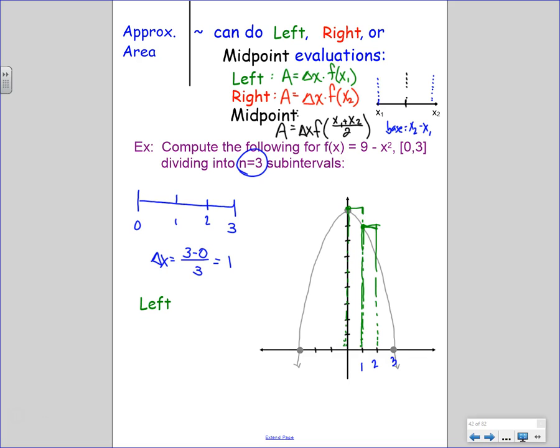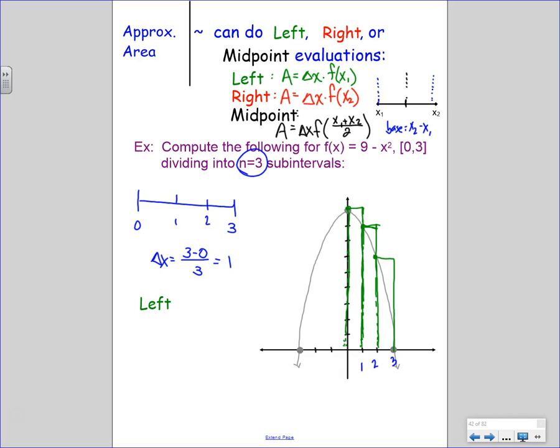Where am I going to hit? This is a left-hand approximation. So from 2 to 3, I'm going to hit on the left, at 2, and establish the height. You guys see where these specific rectangles came from?